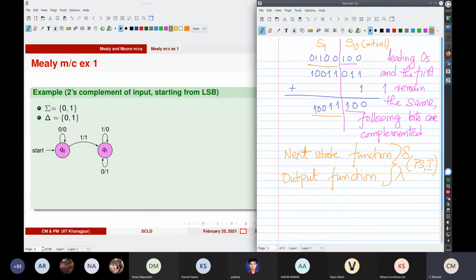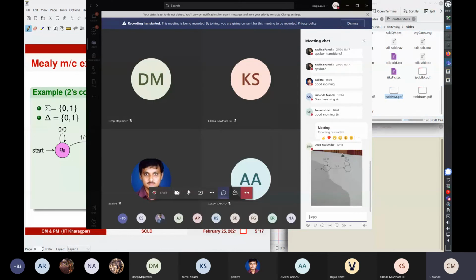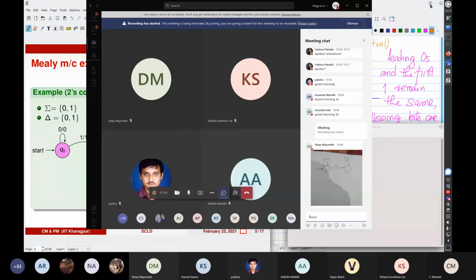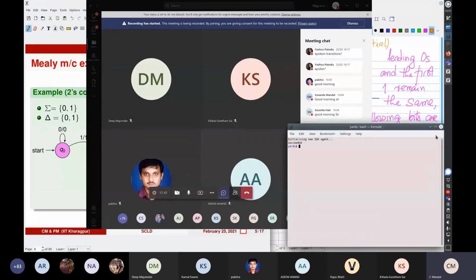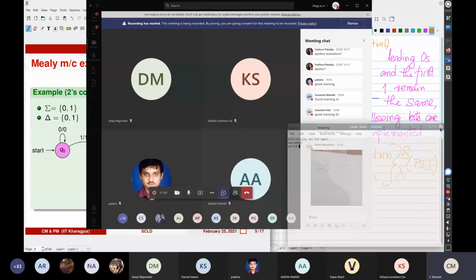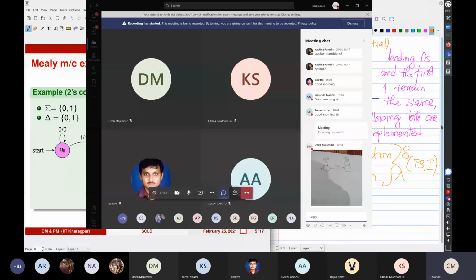So again, maybe one of you can write down this function and post it here. Next state and the output function.